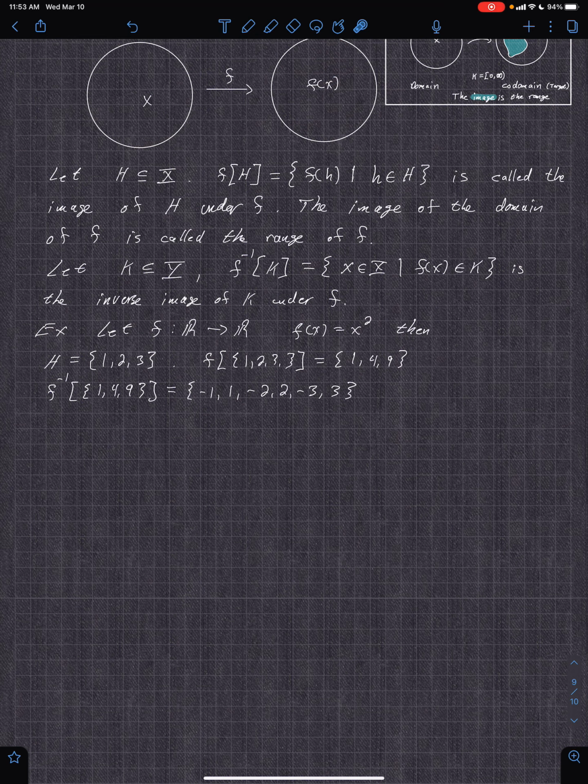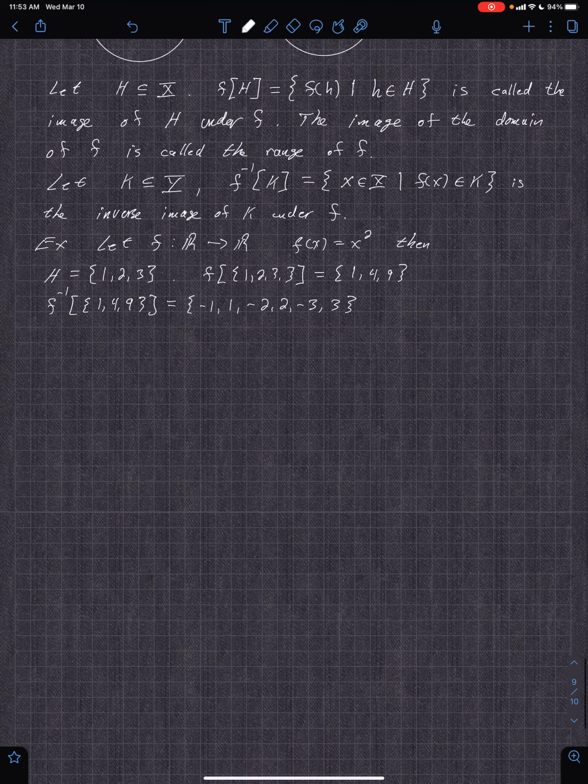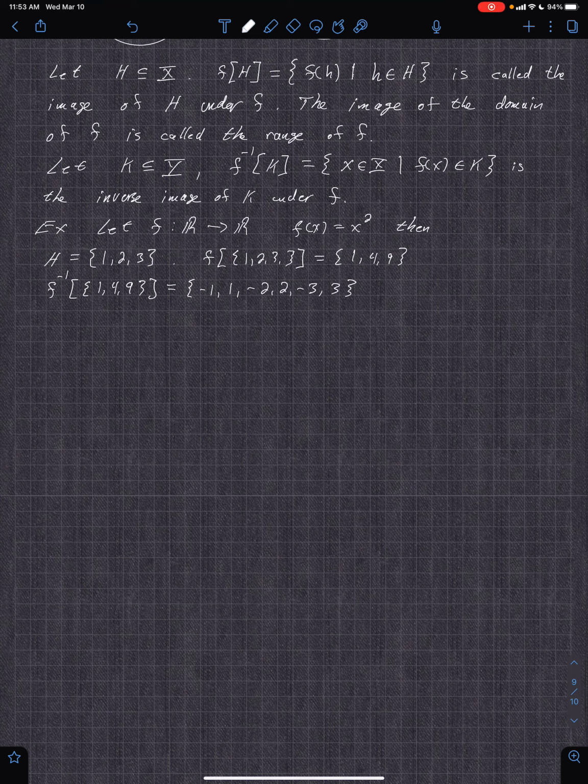So anyway, the inverse image of f is not just 1, 2, 3. It's all of those numbers. A lot of this will be used, but not too much yet. So this is called the inverse image.